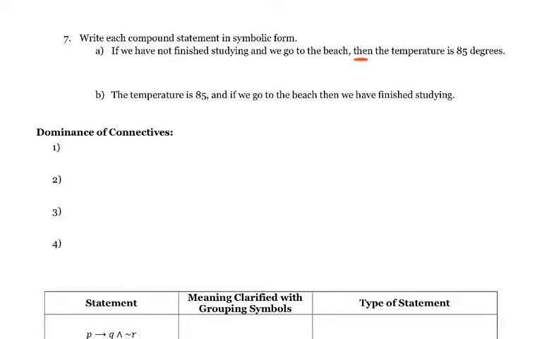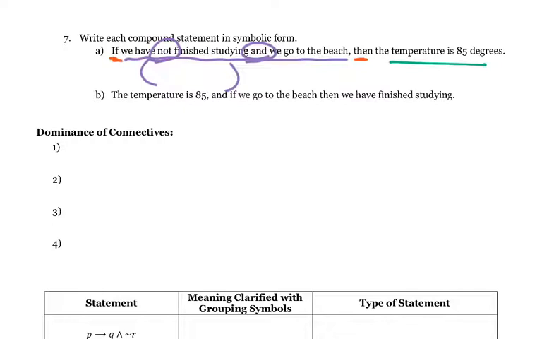Okay, so this is a conditional. But in the first part of our conditional, we have a conjunction and we have a negation. Okay, and then we have that last statement. So our first part of this is going to be in parentheses. Let's do that in purple.